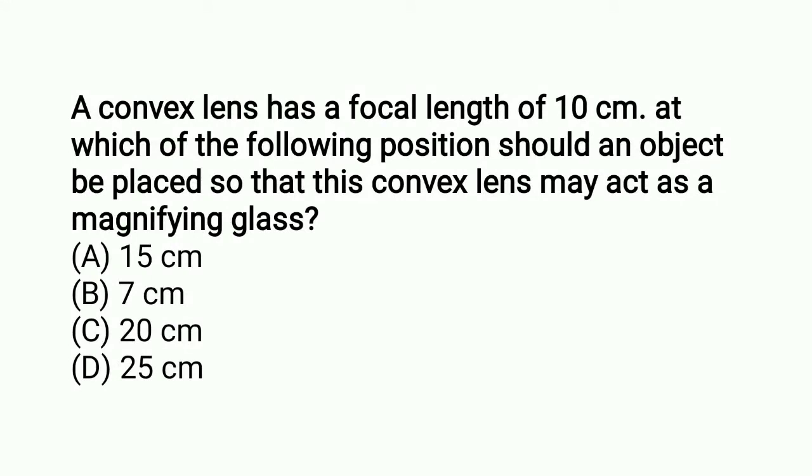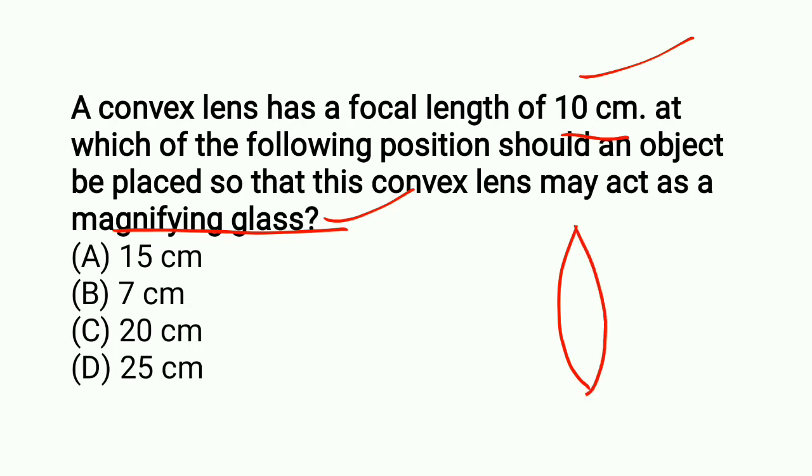Next question. A convex lens has a focal length of 10 centimeter. At which of the following positions should an object be placed so that this convex lens may act as a magnifying glass? So in order to act as a magnifying glass, where should the object be kept, for a convex lens having the focal length 10 centimeter, right?